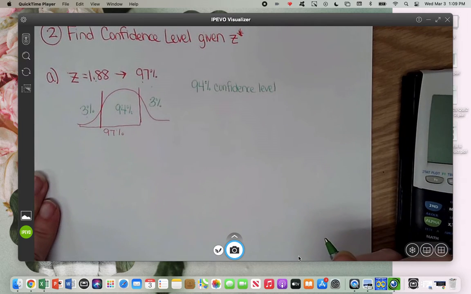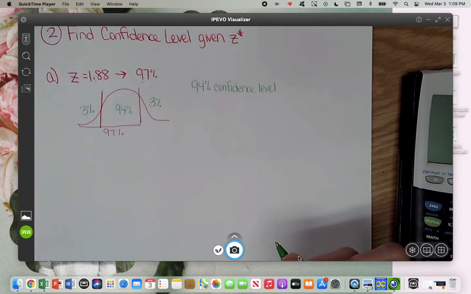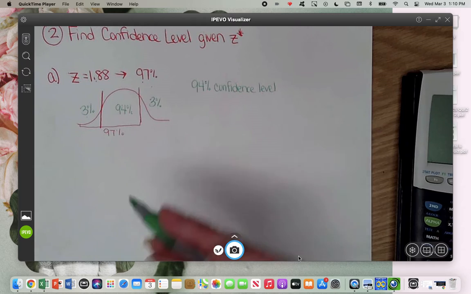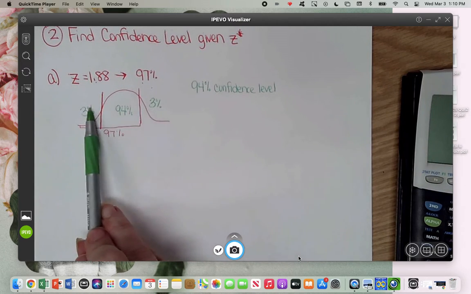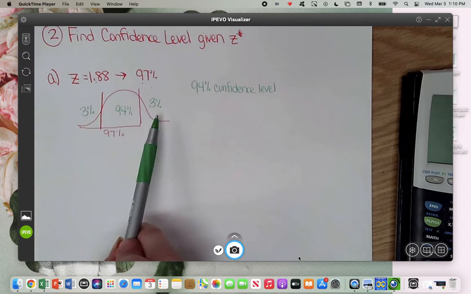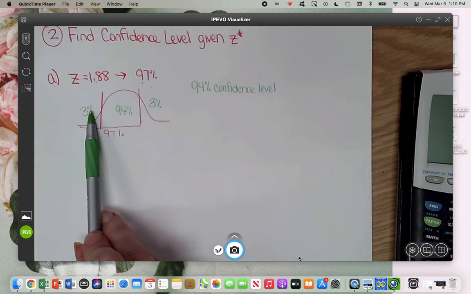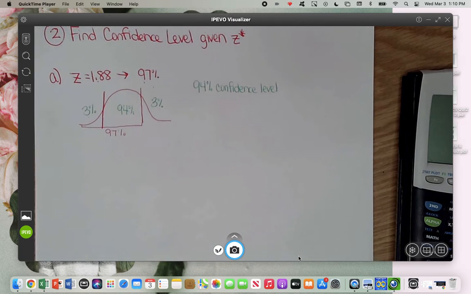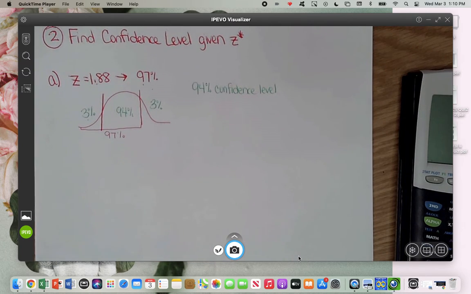Whenever we were finding the z-value, we added the tail in before we looked at the chart. So we're doing the reverse here. We find the percentage, but we have to subtract out the tail in order to get the confidence level. We just have to remember the tails on each side have to match. So if this has a 3% tail, so does this one, and then just subtract it out. So that one gives us a confidence level of 94.